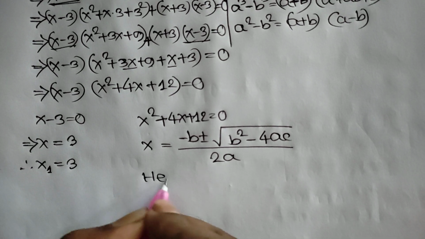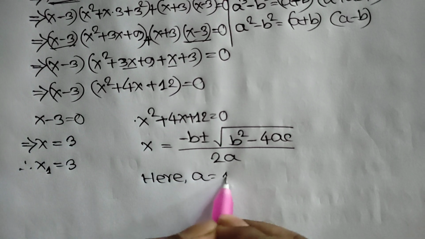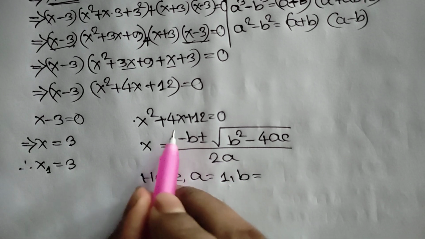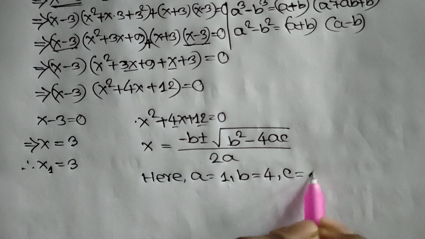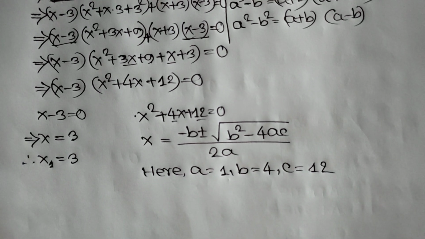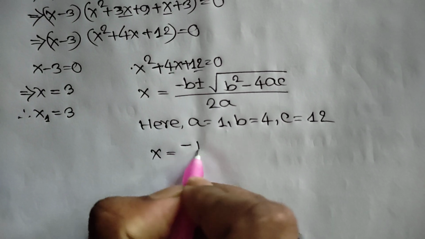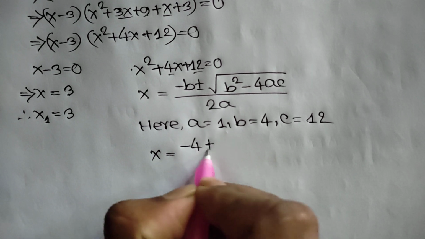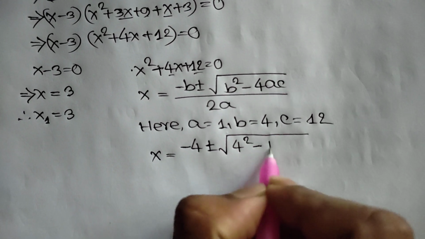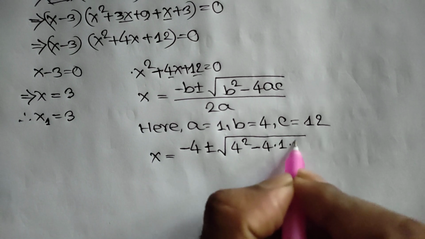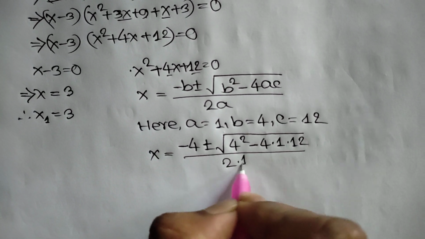Here a is equal to 1, b is equal to 4, and c is equal to 12. So x is equal to minus 4 plus or minus square root of 4 square minus 4 times 1 times 12 over 2 times 1.